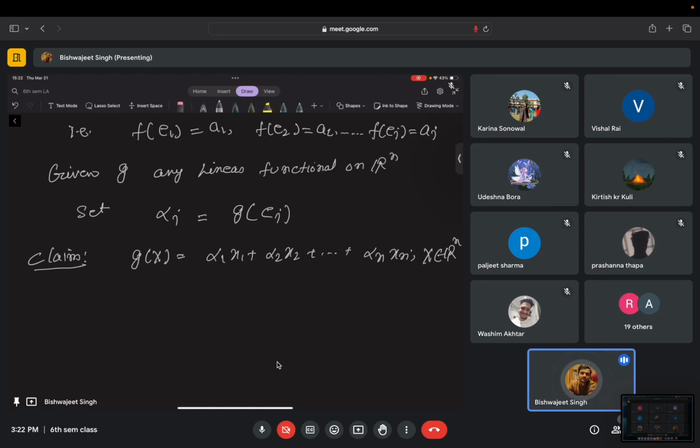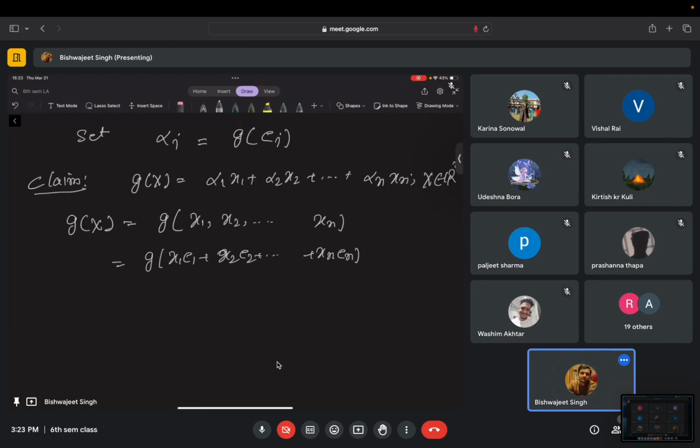So what can I write? g of x is g of (x1, x2, up to xn). Now this I can write as g of x1 e1 plus x2 e2 up to xn en. Why can we write it? If I take x1 e1, it means x1 times (1, 0, 0, ...), and I get x1 with all other components 0.